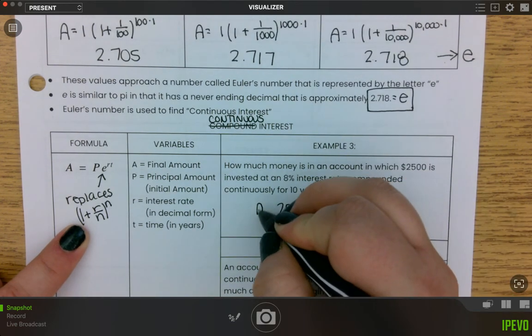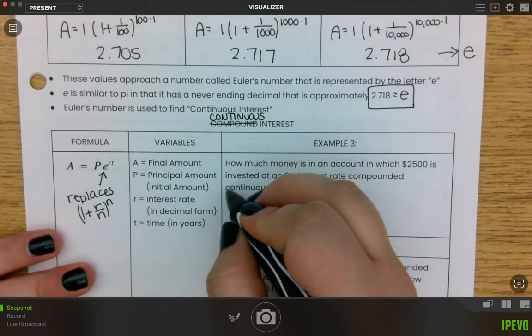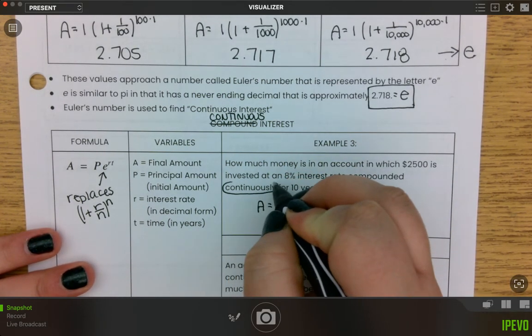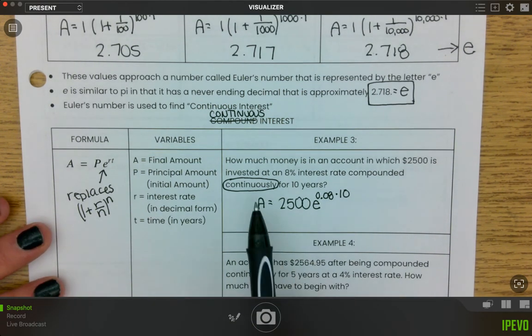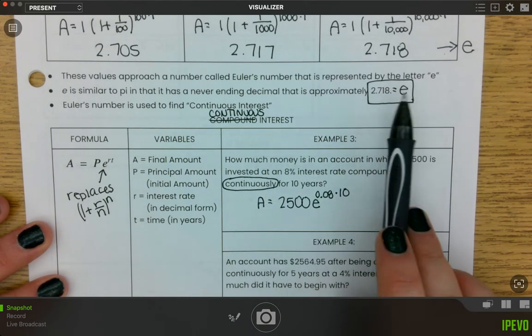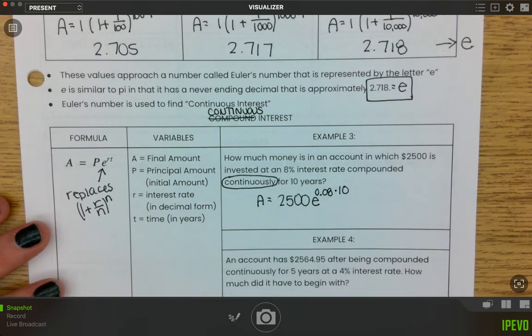So it's a little bit shorter of a formula. This is the one you use if it says continuously, because we don't know how many times per year continuously is because it's infinite. But we do know that as it becomes infinite, it approaches this number right here. So that's really what's going on.